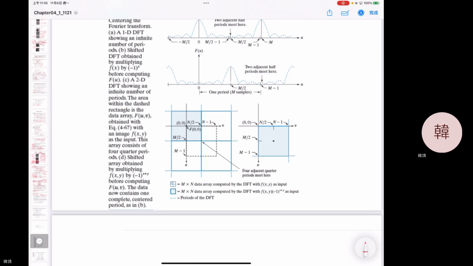So if you remove the DC value at point 0,0, exactly the same image, but you take the sum of all the pixel values divided by the size of the image. That's the average DC value, and every pixel minus this DC value. The result will be like this one.